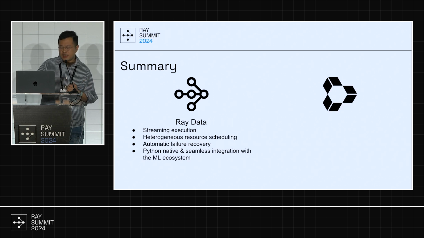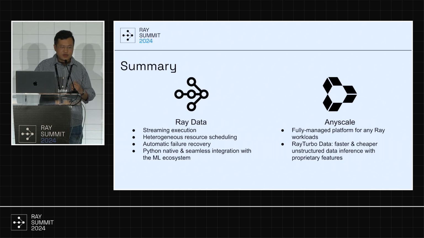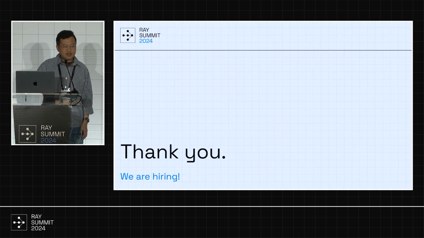And on the Anyscale side, Anyscale provides a fully managed platform for Ray Data and any Ray workloads. And Anyscale also provides a more advanced Ray Data solution that makes unstructured data inference even faster and cheaper at large scale.